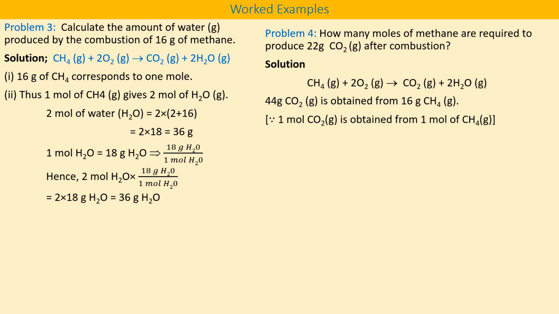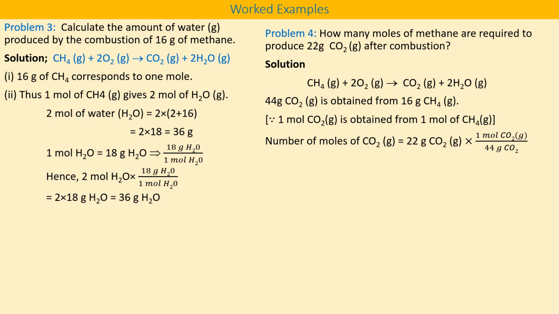Number of moles of carbon dioxide equals 22 gram of carbon dioxide into 1 mole CO2 divided by 44 gram CO2. The letter G in brackets indicates the state, that is gaseous state.